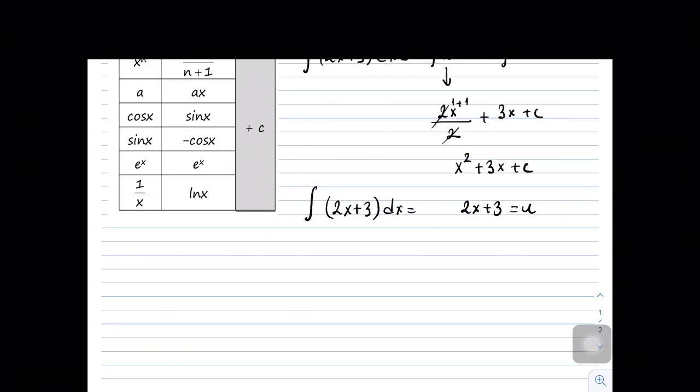Okay, now I am going to make a derivative. When you make a derivative over here, this side, what is the derivative of u? 1, right? Can I say 1 du? Because we need to write a du here. Otherwise, we can't use this substitution method. 1 times du is du.